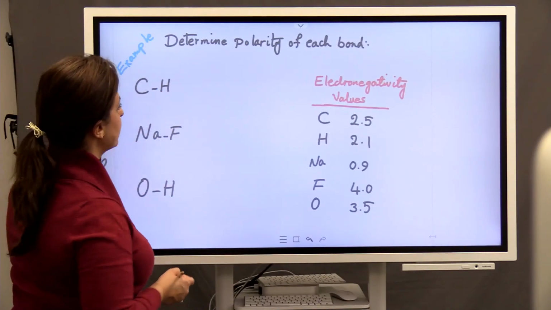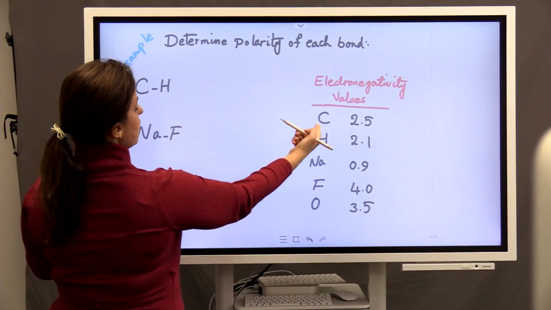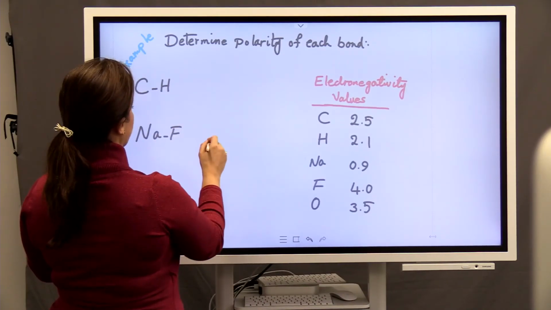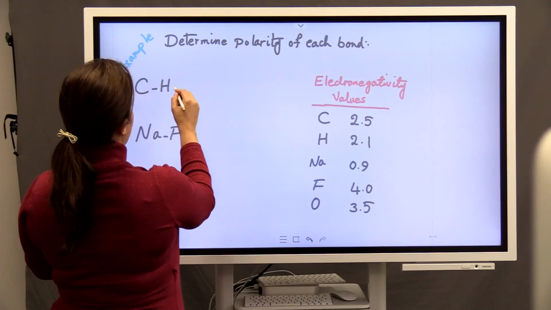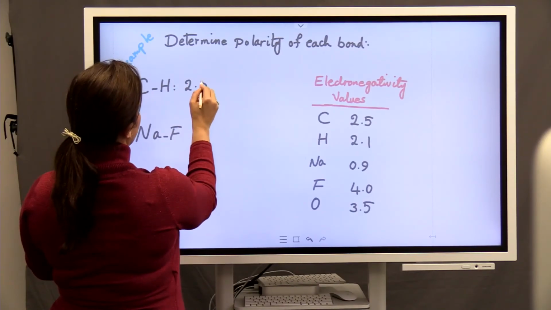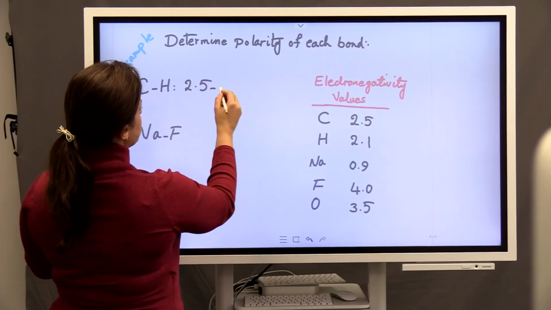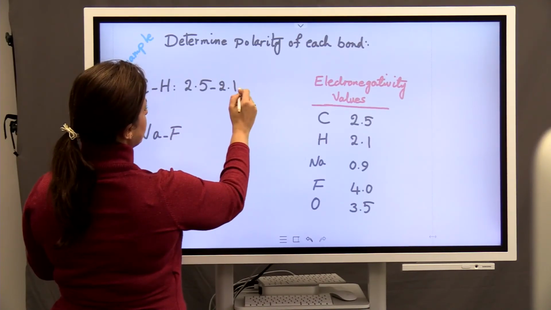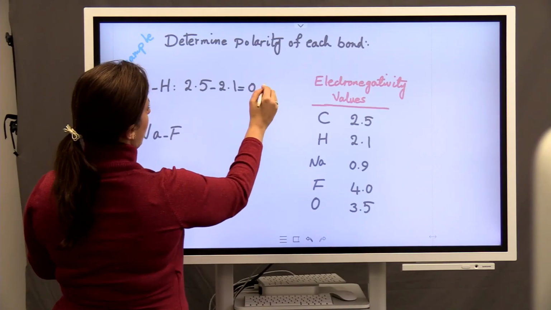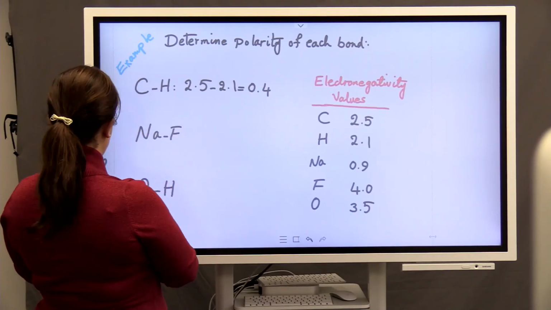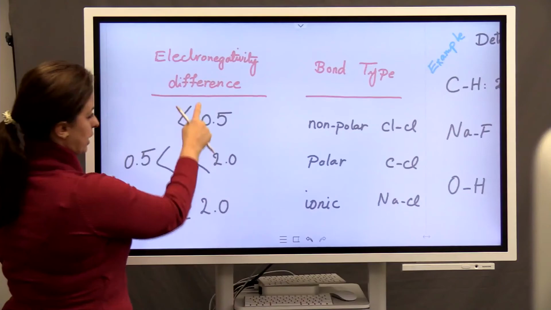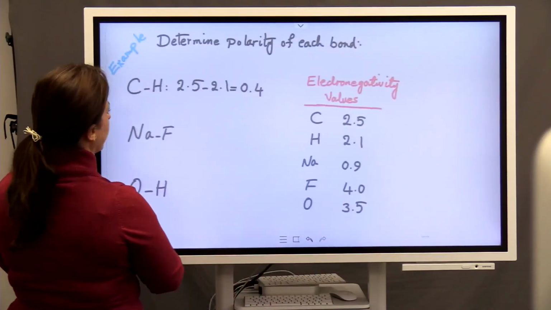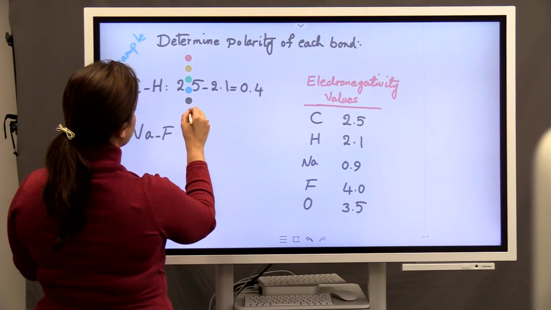So let's find the difference between the electronegativities. For carbon it is 2.5 minus hydrogen 2.1. How much is the difference? Tell me. 0.4. So according to this trend, it is less than 0.5. It's a nonpolar bond. I call it a nonpolar bond.